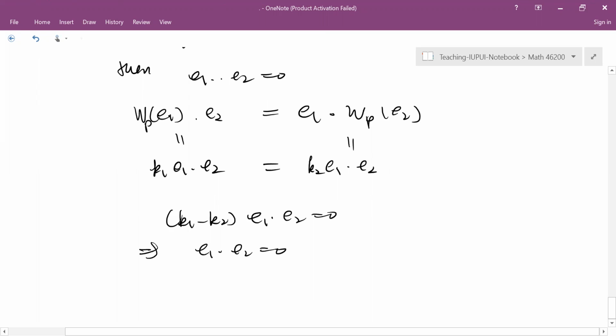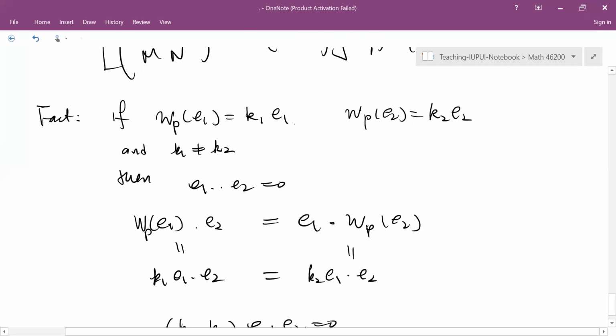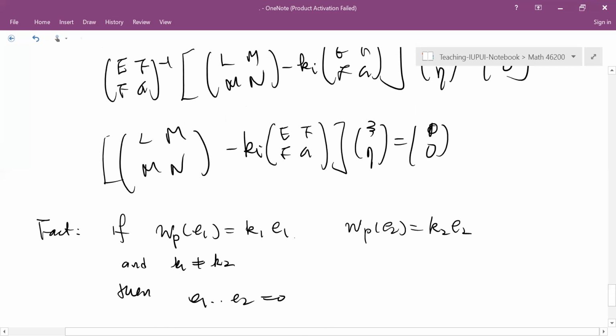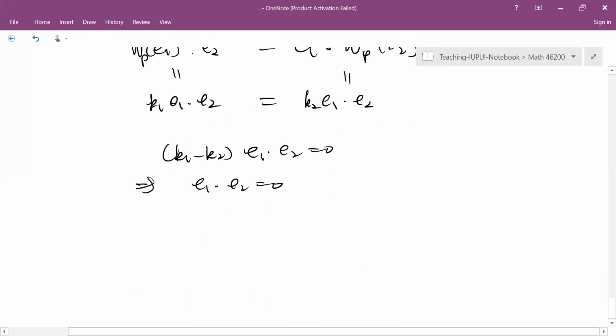So this is how, if we're given a surface patch, we find the principal curvatures and the corresponding principal vectors, by solving the above equations.